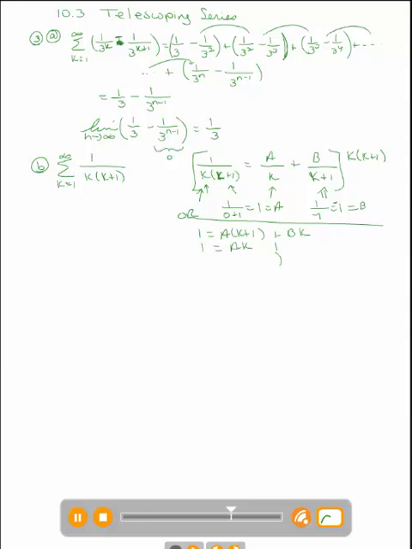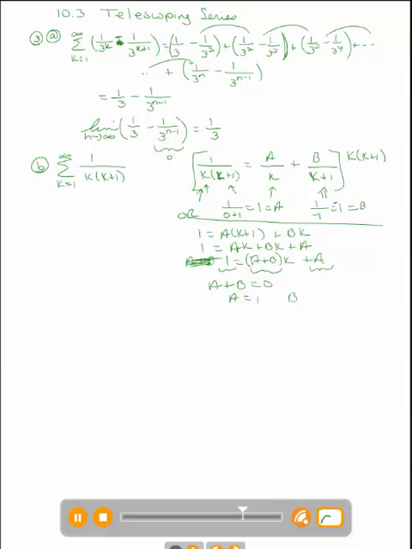So that's 1 equals Ak plus Bk plus A. Now there are no k's on the left-hand side, so this piece right here, A plus B, must equal 0, and the numbers piece must equal 1.